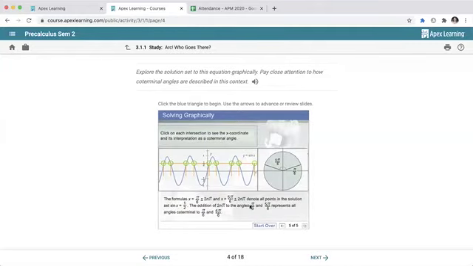So what we can say is that our formula is x equals pi over 6 plus or minus 2n pi, and x equals 5 pi over 6 plus or minus 2n pi. What this is saying is we have our original two angles of pi over 6 and 5 pi over 6, but we also have every single possible coterminal angle for both of these numbers.